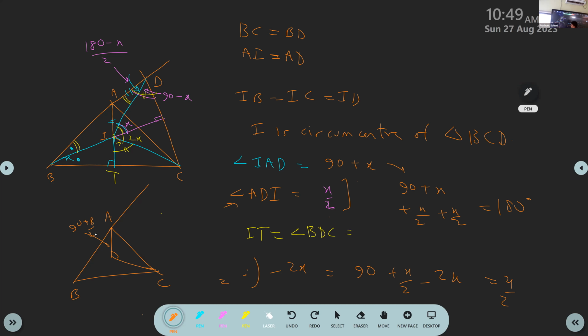And then because you have completed this isosceles triangle, we know that this angle is 90 minus B by 2. So therefore, this is a cyclic quadrilateral. And in fact, this point is the midpoint of the opposite arc. So this CA is going to be the bisector of this angle. Therefore, these angles are going to be equal. Very nicely spotted.